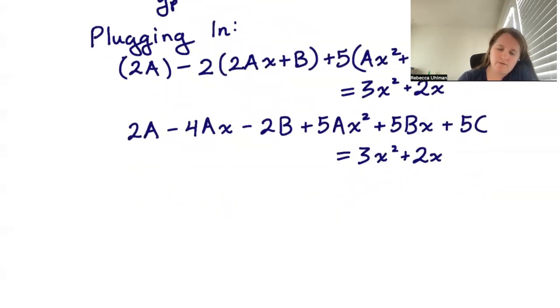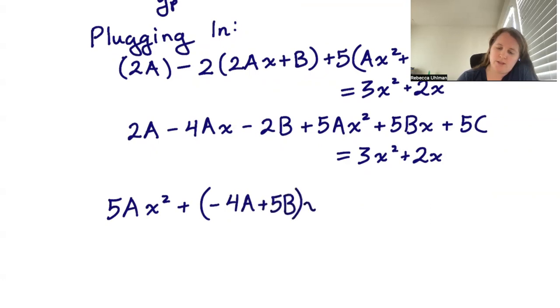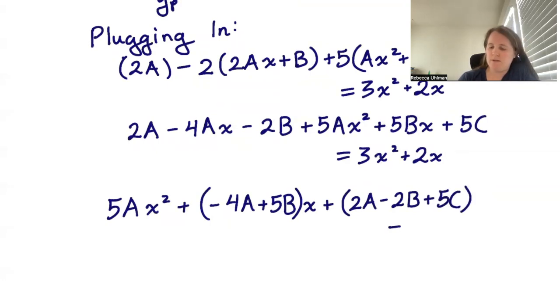Rearranging these, we have 5ax squared plus negative 4a plus 5b times x plus 2a minus 2b plus 5c for our constant term. This is all equal to 3x squared plus 2x, and we can do a plus 0 on the end.